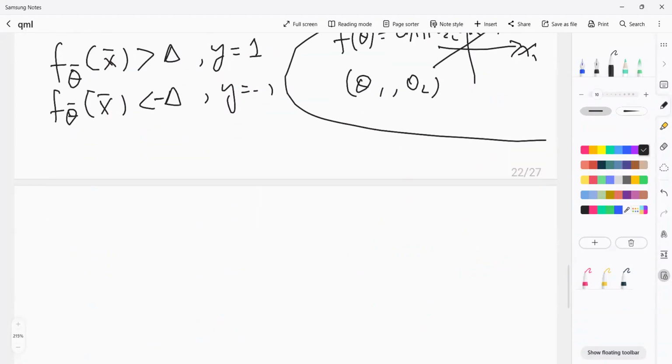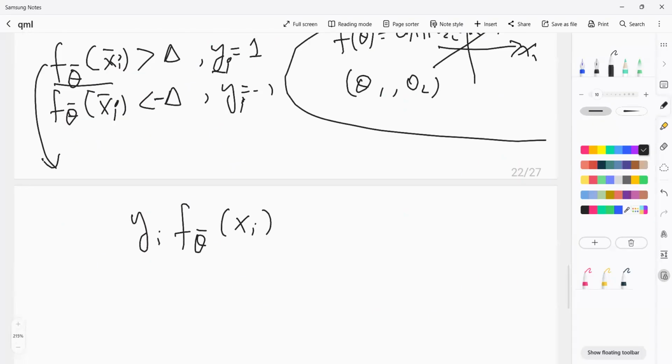So if you look at this, if I multiply y and f theta together, let's make it for one point. For any given point, yi times f theta of xi is greater than delta, because this is a positive number and this is positive, so the product is positive.